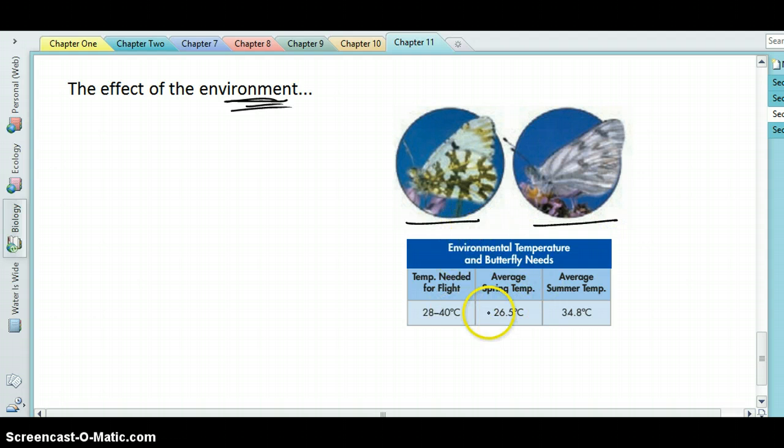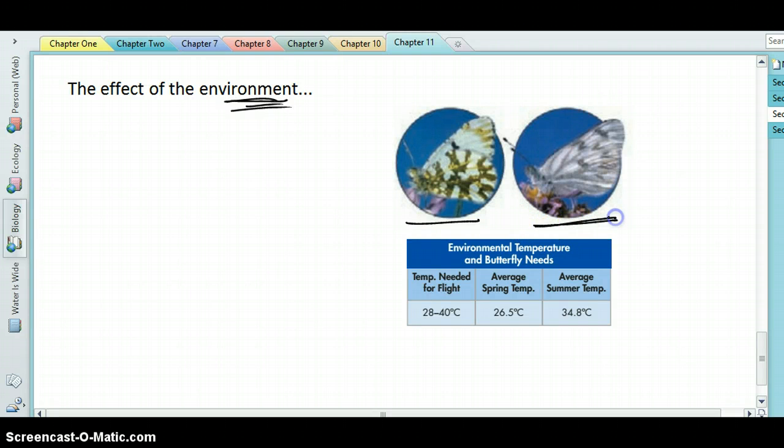Well, because the butterflies need to have a certain body temperature to be warm enough to fly. And in the springtime, of course, it tends to be a little cooler. And so in the spring, the darker ones tend to hatch out because then they can sit in the sun and that darker wing color will absorb sunlight and warm them up.